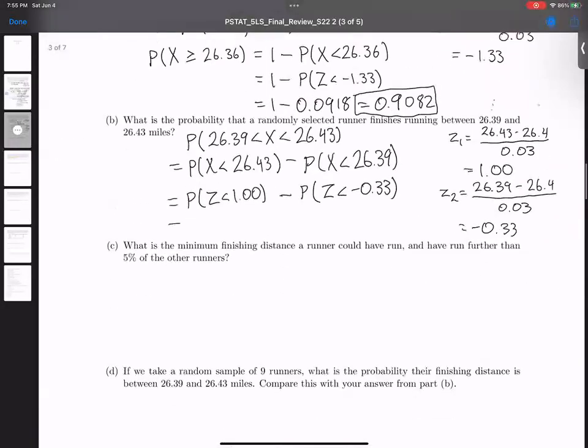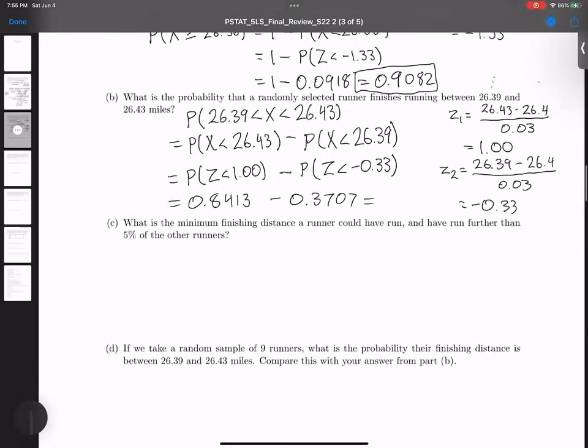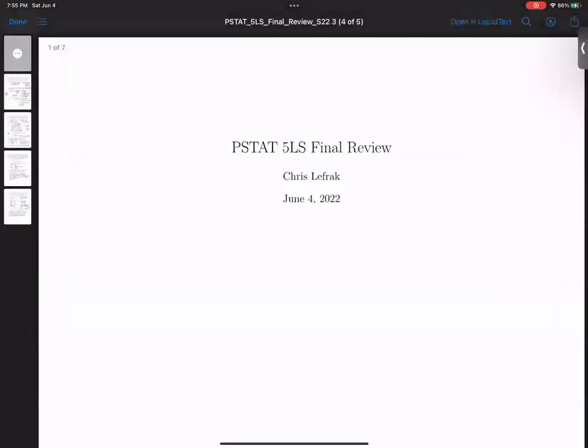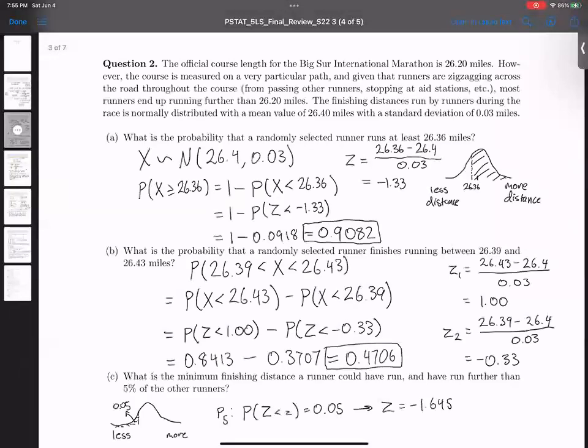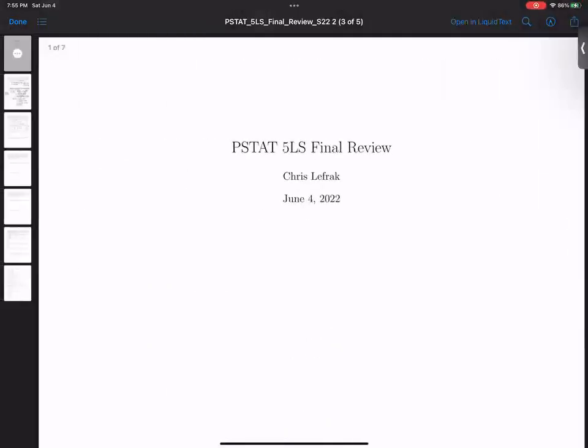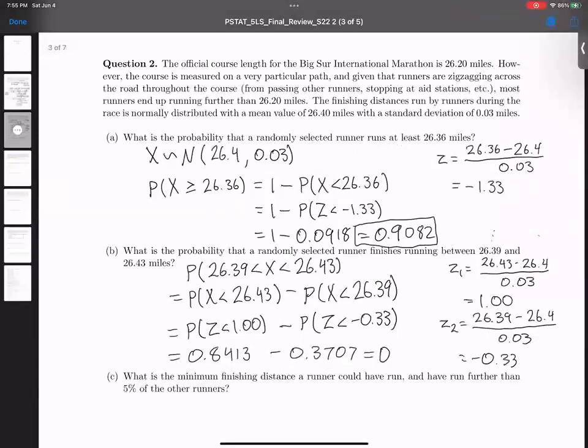So equal to 0.8413 minus 0.3707, which was equal to, I think anytime I have to write, I have to switch back this way, which is unfortunate. So 0.4706. Great.